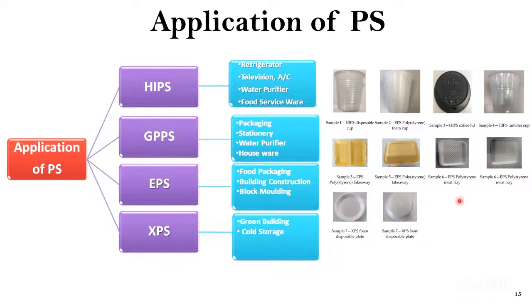And this EPS polystyrene meat tray is where they refrigerate it, and XPS foam disposable plates have a quite foaming nature. Everyone in India uses many of them in every kind of marriage or anything. So polystyrene has a very huge application and gives you a very wide range of applications.